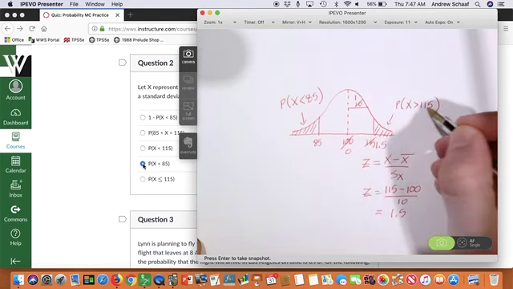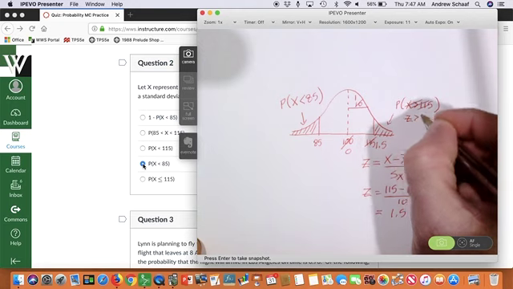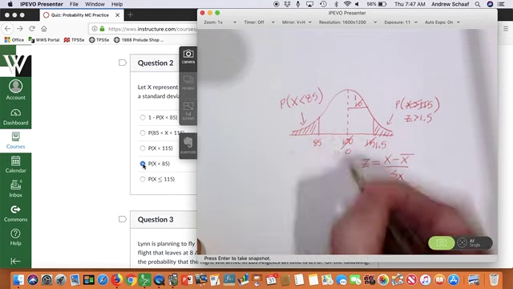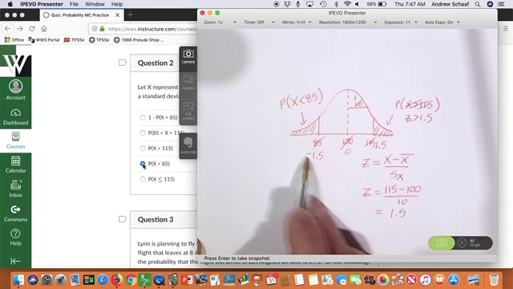So we could even write this probability in terms of z-scores if we wanted to. The probability that our z-score is greater than 1.5. And by the symmetry of the distribution, that would be the same as this 85, which is 1.5 standard deviations below the mean. That's what a z-score means.